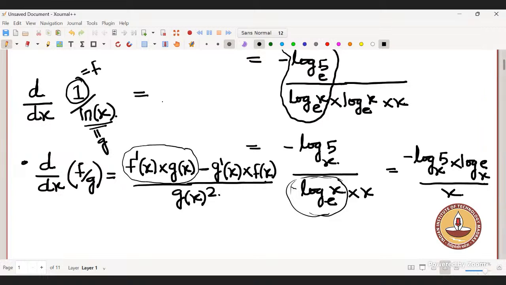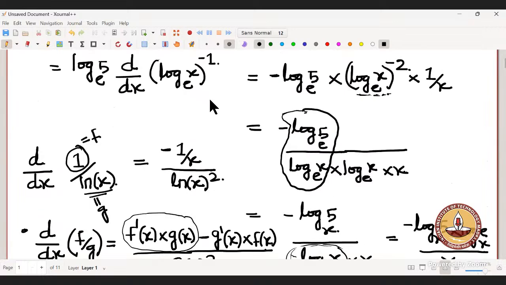So basically in the second term, this is minus times 1 by x, right? Yes, correct, divided by ln x whole square. So we are getting the same thing, right?